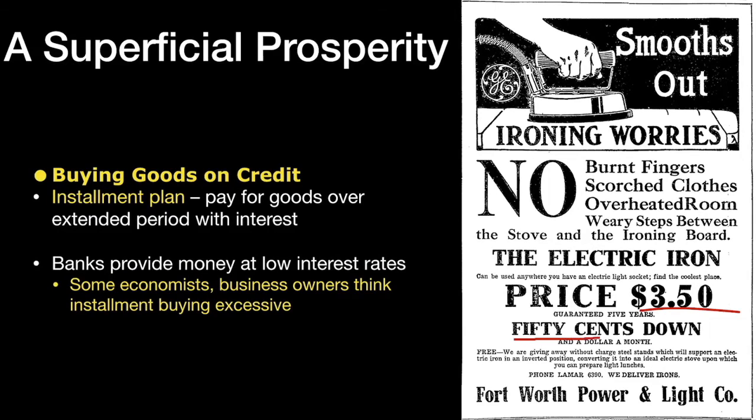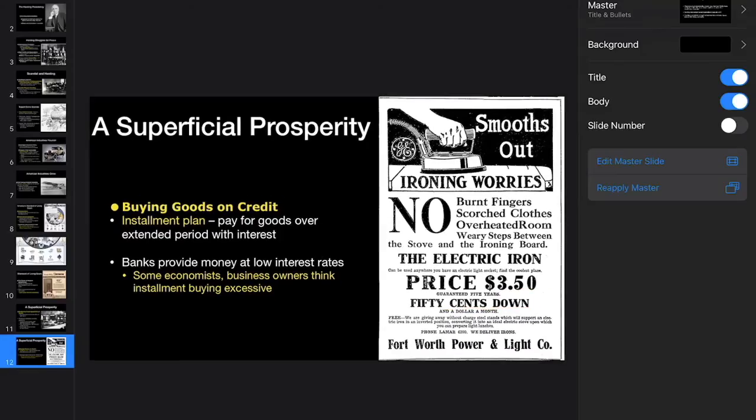If you just put 50 cents as a down payment, they're going to give it to you, and you just have to pay it off for the rest of the time. So sounds pretty awesome. And so a lot of people are buying goods with money that isn't theirs. Not everybody has the ability to pay back their loans, and this is where we start running into trouble.